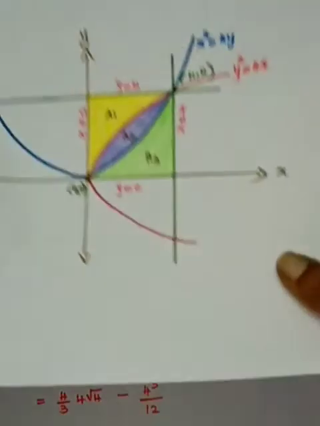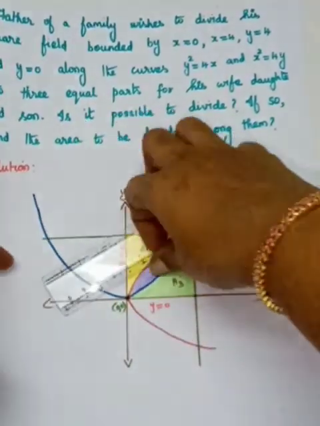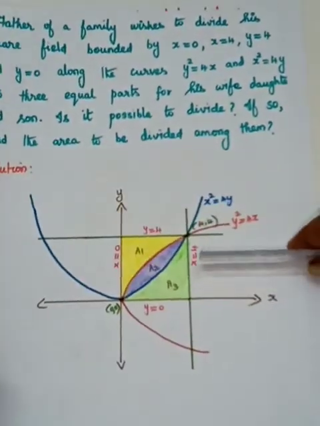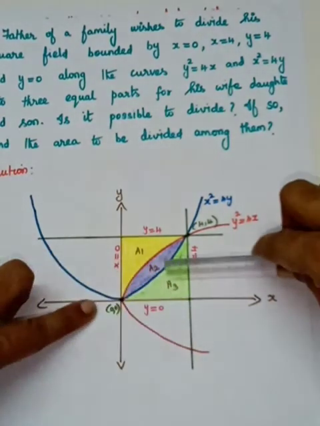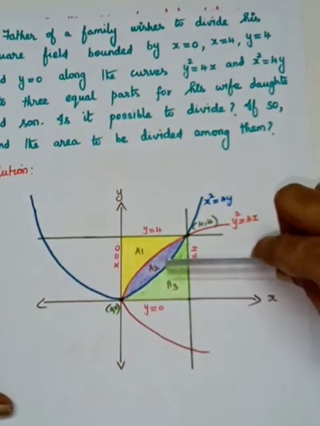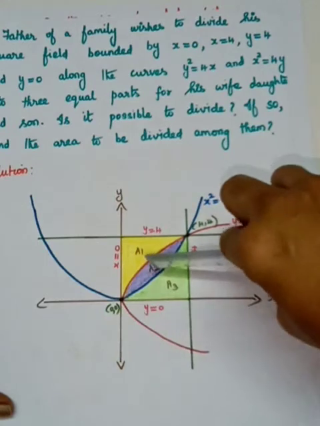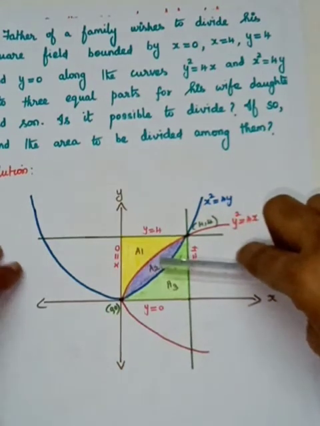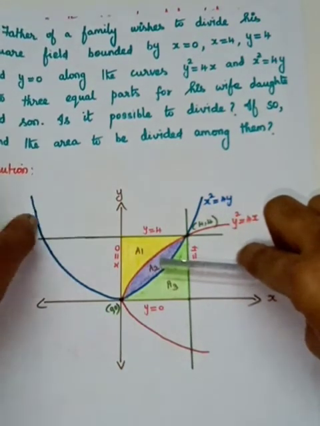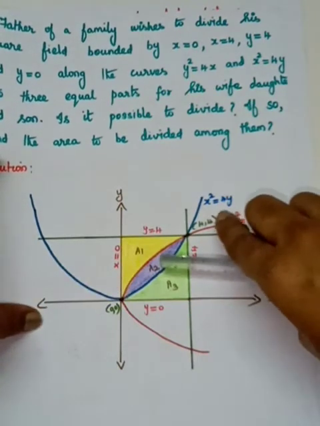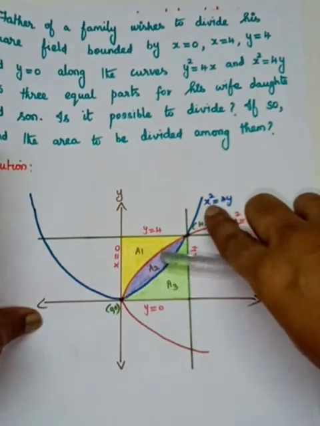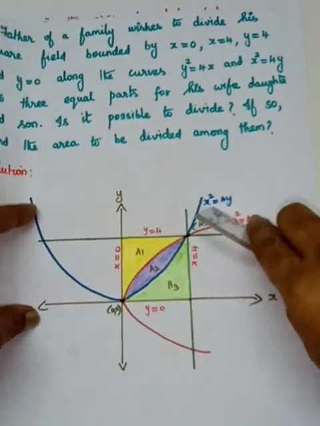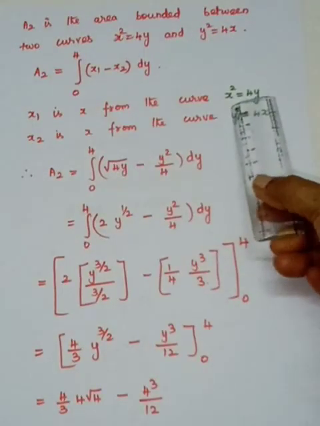You see that you have chosen y-axis. Y-axis means you have to draw an arbitrary line which is parallel to x-axis, and see this arbitrary line first touches the blue color curve. The blue color curve equation is x squared is equal to 4y. So the x has to be taken from the curve x squared is equal to 4y.